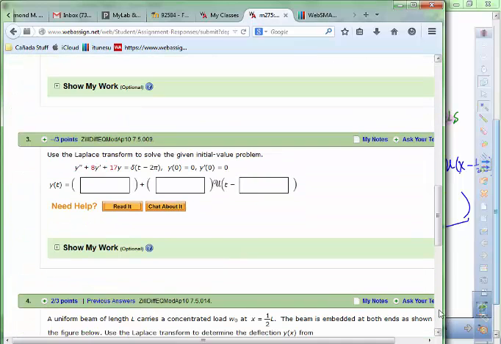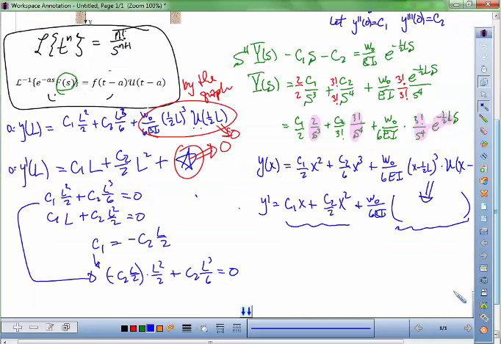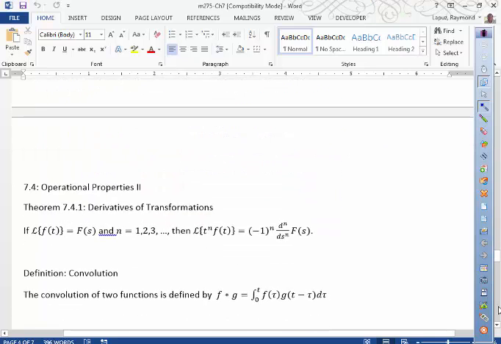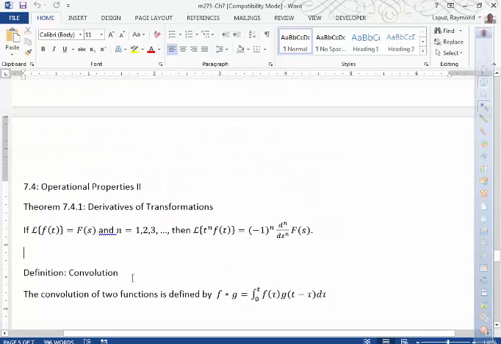All right. Well, aside from the delta function, which is what we're supposed to talk about today, there were probably some other transformations that we should discuss. We're not going to do the convolution in 7.4, but there's this other piece of information in 7.4 that's kind of important that I wanted you to know about.